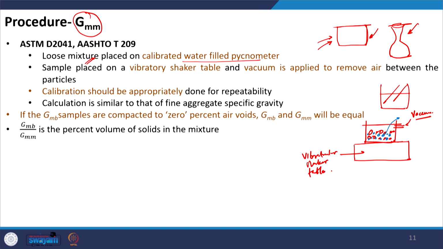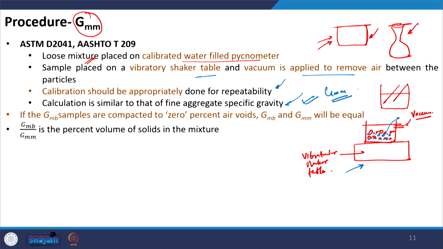All right. So, the sample is placed in the vibratory shaker and vacuum is applied to remove the air between the particles. As I said, calibration should be done properly and the calculation then becomes very simple. Similar to the calculation of fine aggregate specific gravity, the same calculation applies here: we take the weight of the sample filled with pycnometer to the complete height and the weight of the pycnometer only with the water, and then use the same calculation which we did for fine aggregate to determine the value of GMM.